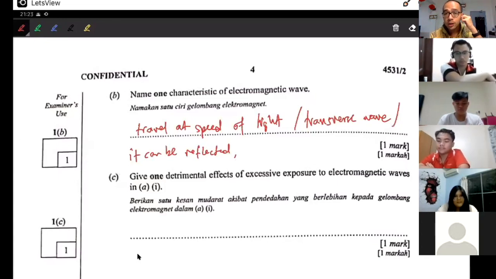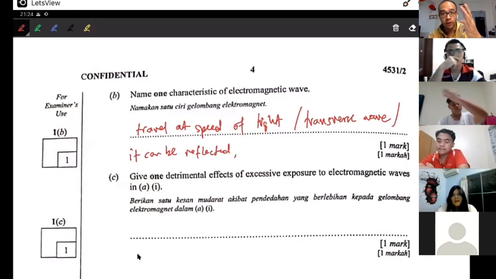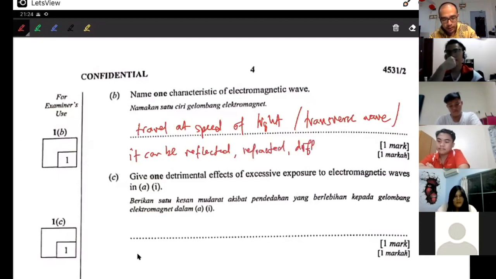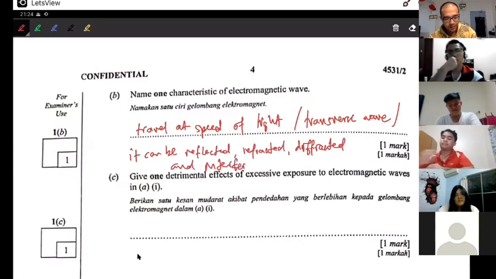Okay, so if you want to talk about the characteristic in terms of the four-wave phenomena, you must mention all four. You cannot just say it can be reflected. Tak boleh. Okay, it can be reflected, refracted, diffracted, and interference.